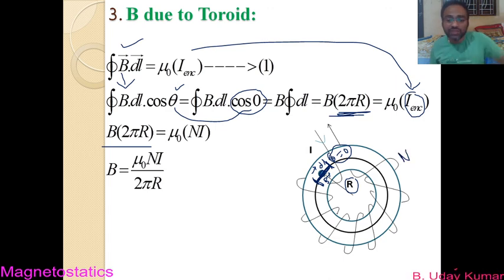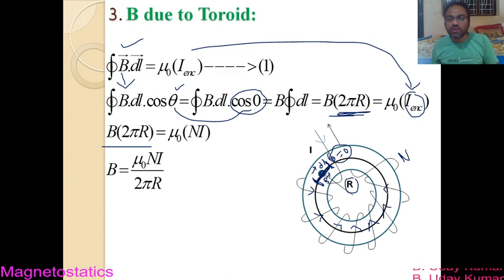I already told you even in our previous topic, the current that is present inside the closed path depends on the number of turns of the solenoid. That was discussed in our previous slide, right? It is also a case of solenoid, but it is bent in the form of a circle, that's it. So now the current that is present inside this closed path will be all these currents. For example, this current, this current, this current, all these currents come inside the closed path.